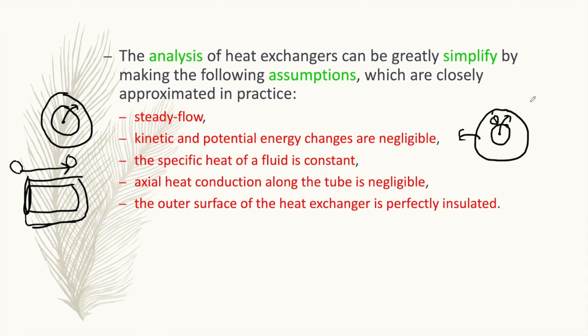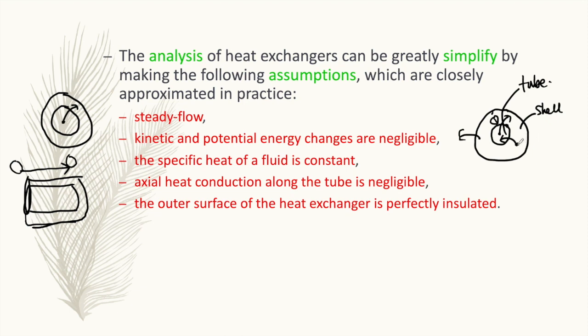So if you are flowing the hot fluid inside of the shell side, so this is the shell and this is the tube, the heat transfer will be from the shell to the tube. And if you do not assume that the outer surface of this tube is perfectly insulated, there will be a loss of heat from the shell to the surrounding.